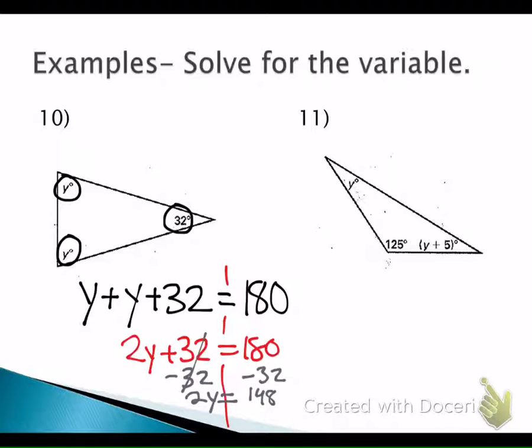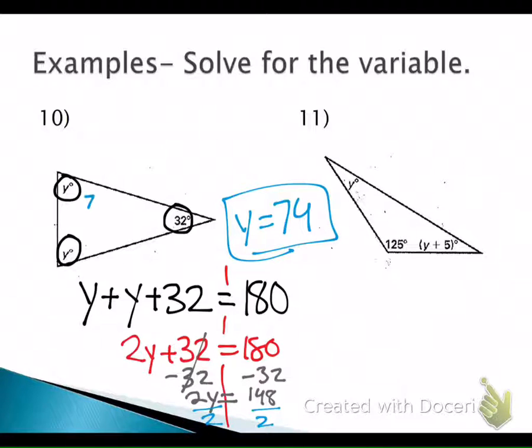Then you divide by 2. What do you get when you divide by 2? 74. Very good. So y equals 74 here. Now, if you want to check, take the y out, put a 74 in, add them all together, see if it's 180. If it's not, you've done something wrong.